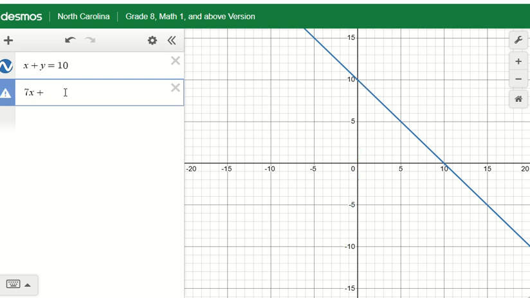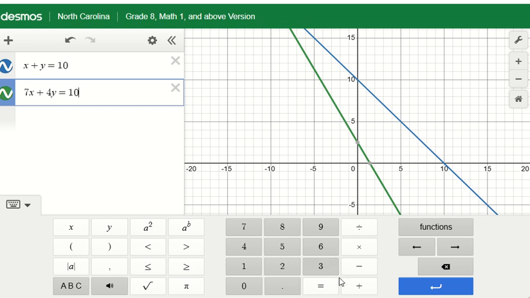7x plus 4y equals, now you got a couple options here. You can't just put x as a multiplication symbol. X is x when you type it in. So when you're doing the 10 times the $4.20, you can click the keyboard and then click the multiplication symbol.